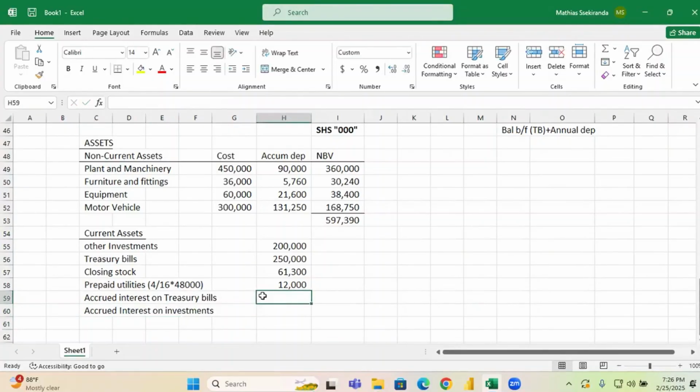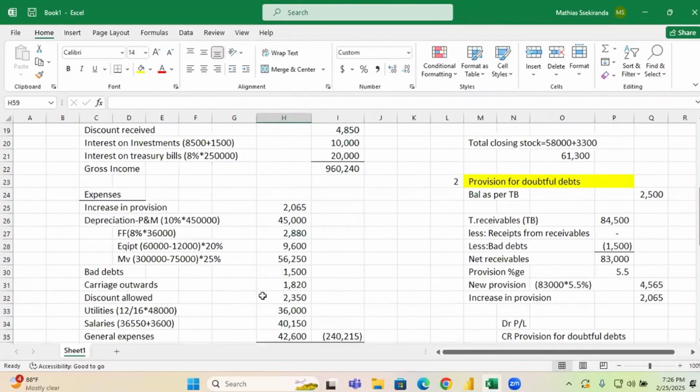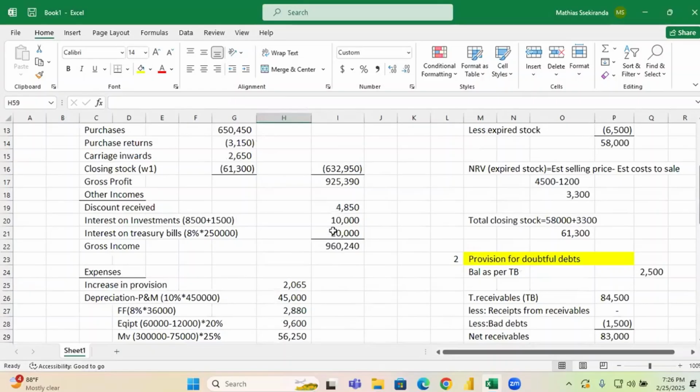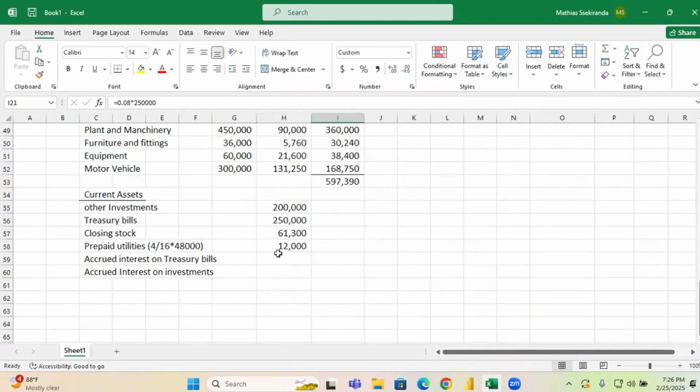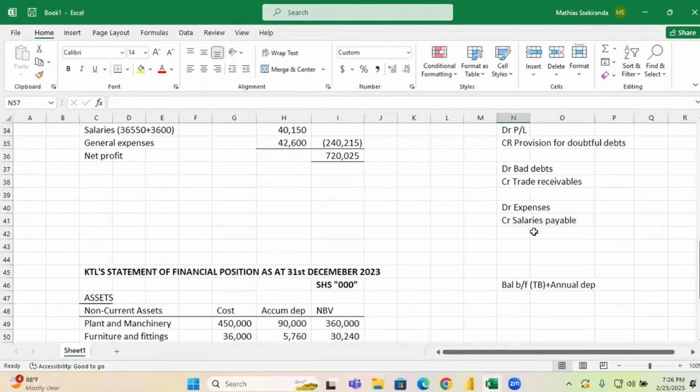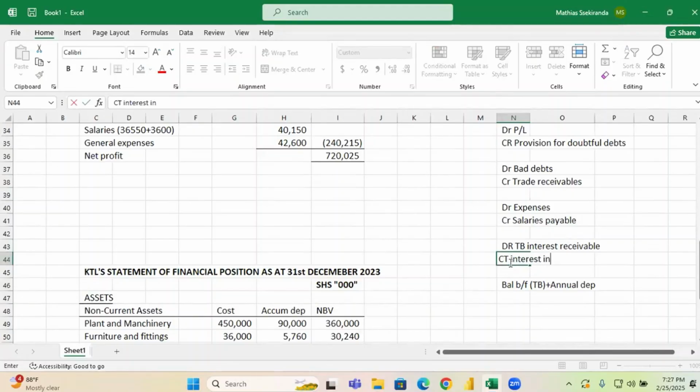So accrued interest on treasury bills, we computed as 20,000, so you have to bring it here. Remember the double entry: you debit the receivable. In this case, we debit what we call treasury bills interest receivable. You add the word receivable to show that it is an asset, and then you credit interest on treasury bills.